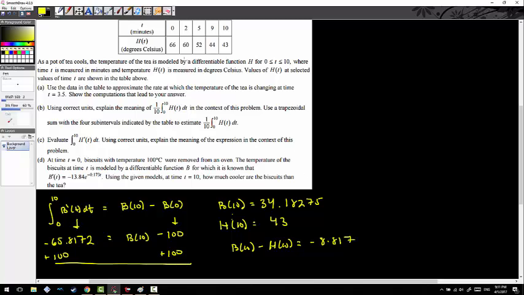So what does that mean? It means that the biscuits are 8.817 degrees cooler than the tea at time equals 10.